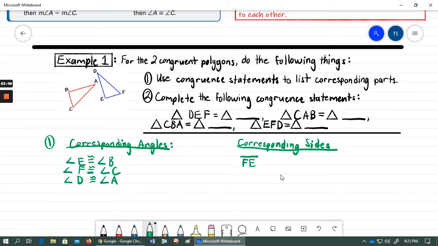Side FE will be congruent to which side? Make sure that when you do this congruent statement that you use the corresponding parts, the corresponding angles, that you match them up, that you put them in the right order.